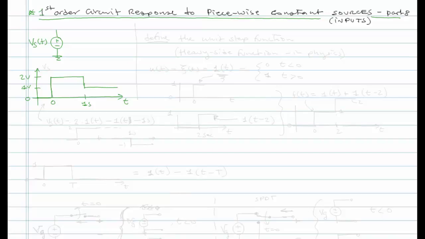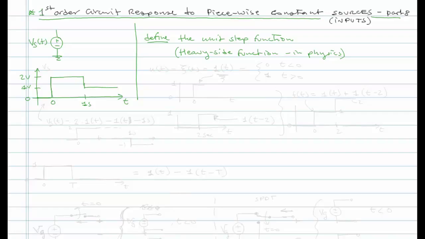Now I want to introduce a useful construct to help us to efficiently represent these types of sources. So I want to define what is called the unit step function. In physics, it is called the Heaviside function. And it's a simple function.